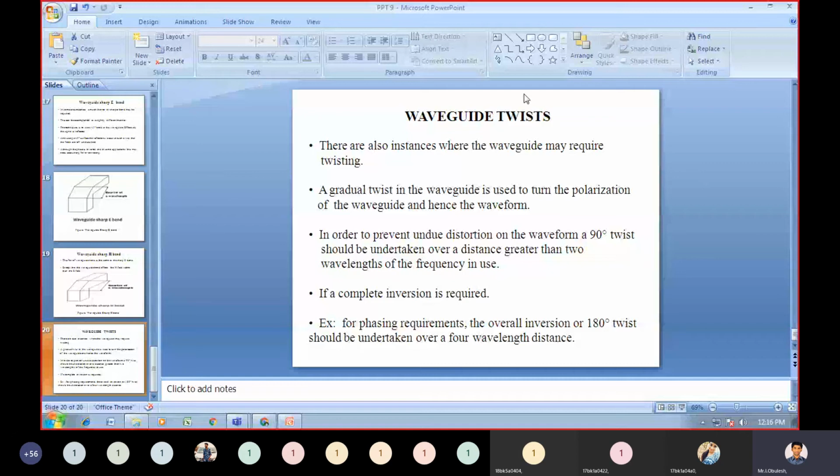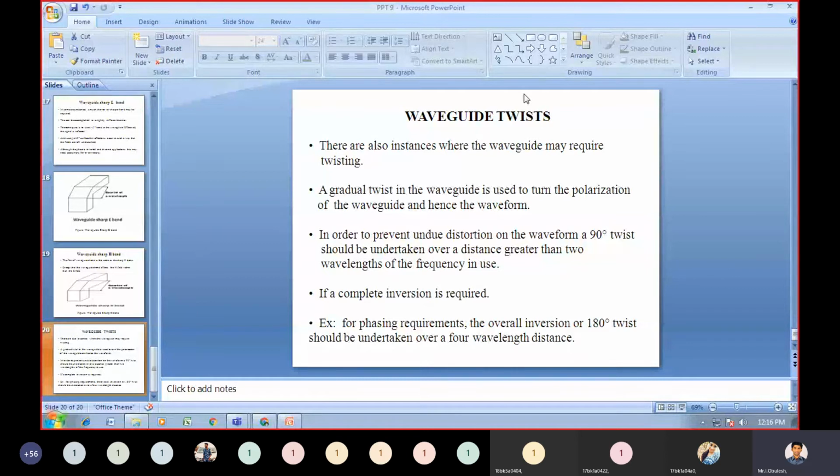So to avoid undue distortion of the waveform, a 90 degree twist should be undertaken over a distance greater than two wavelengths of the frequency in use. There you need to use this waveguide twist.